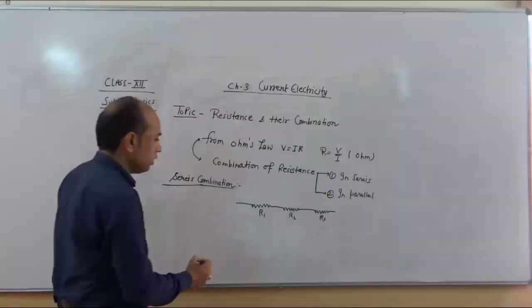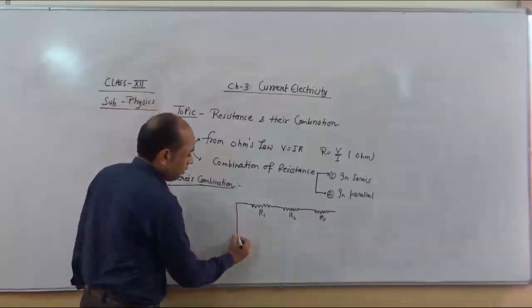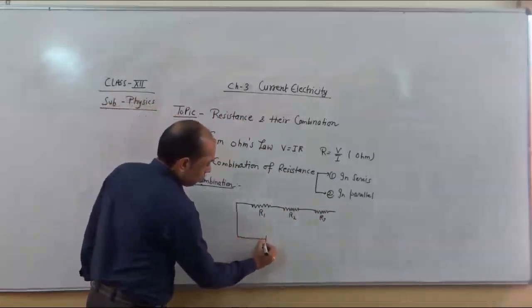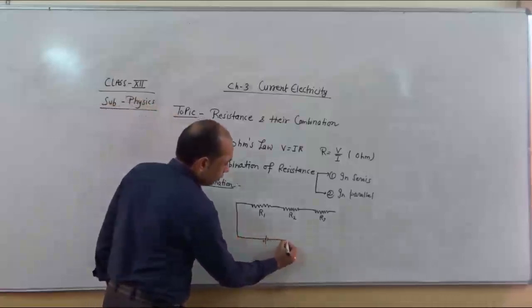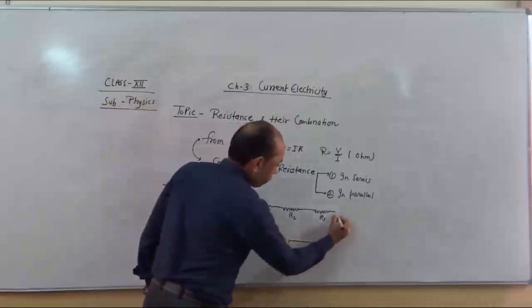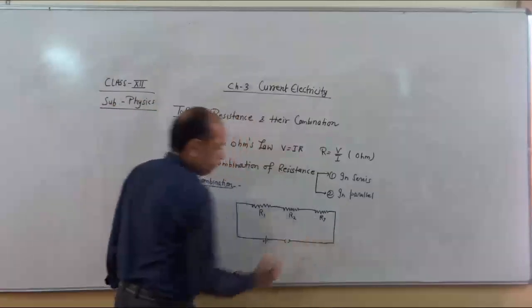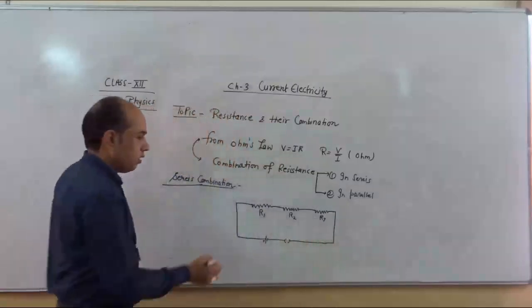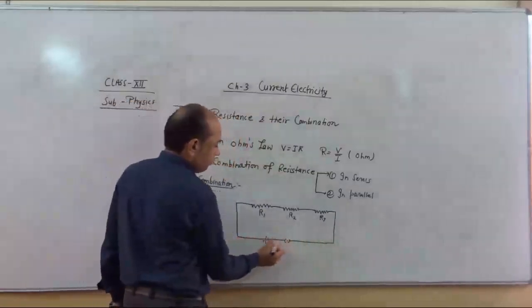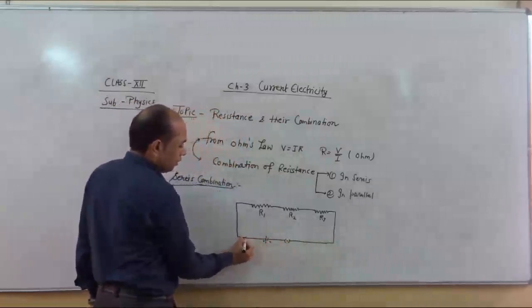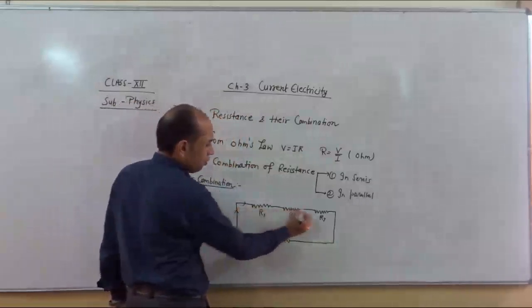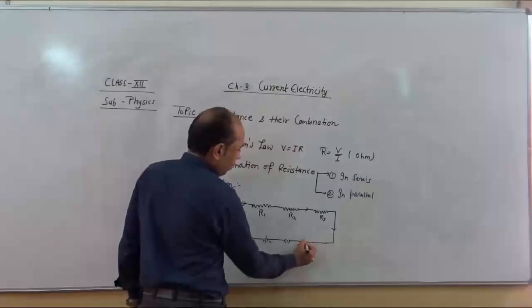Now all three resistances are connected to a source and a key. Whenever we switch on the key, electric current passes from the positive terminal to the negative one.